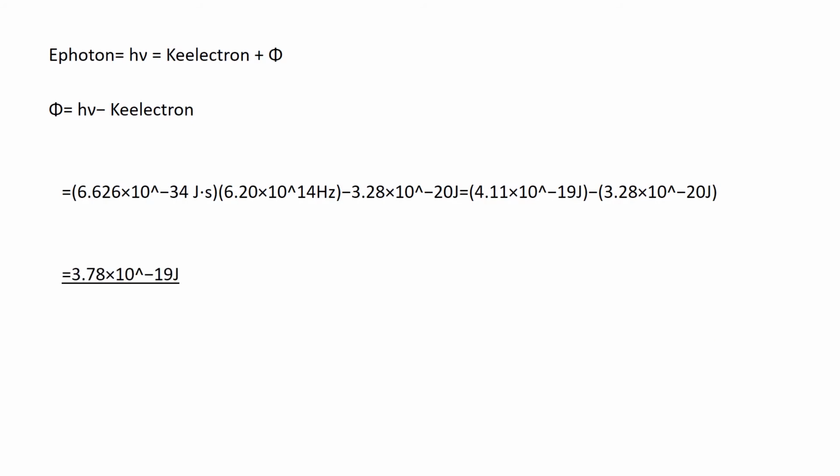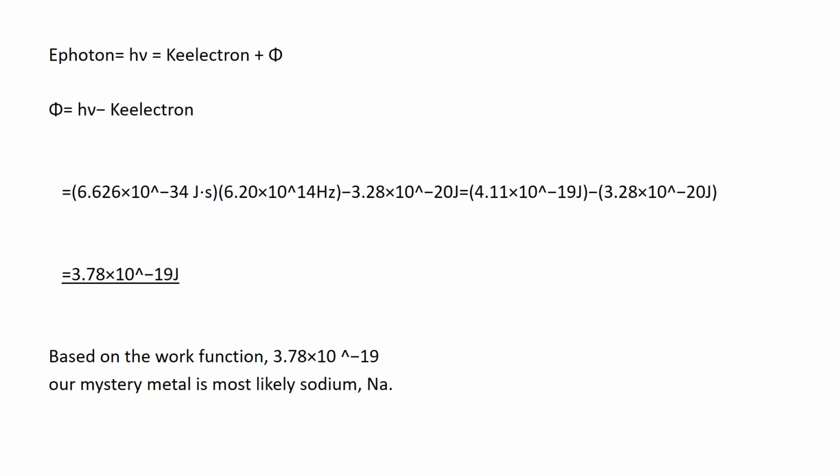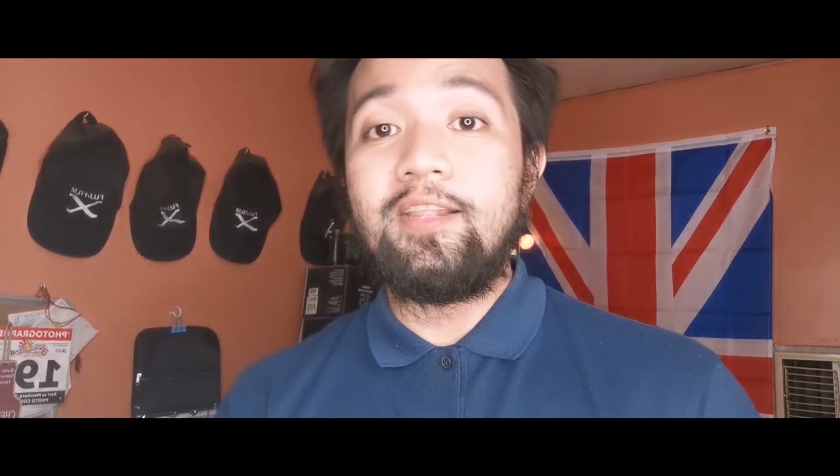And the answer is 3.78 times 10 to the power of negative 19. Based on the work function, 3.78 times 10 to the power of negative 19 joule, our mystery metal is most likely sodium.